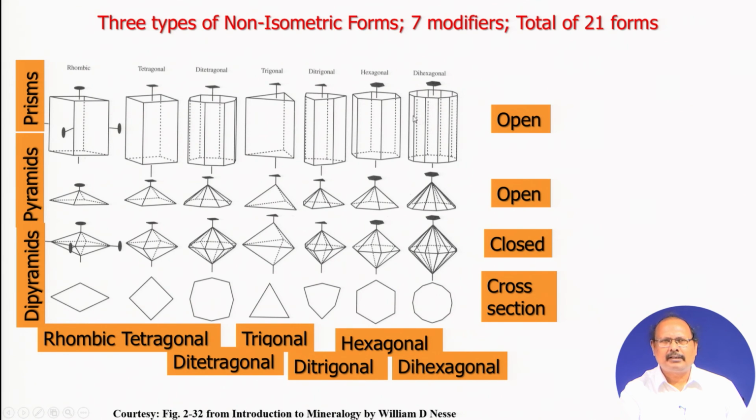So, let us try to understand why in one case simple tetragonal and in another case ditetragonal prism is there. We see this in terms of the cross section of these faces here. So, here you have these 1, 2, 3, 4 edges here.